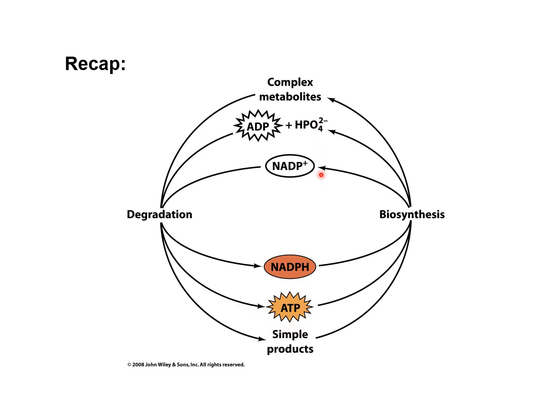The other half of metabolism is anabolism, which is biosynthesis from simple products to build more complex substances or metabolites. In this case, the cells use the energy from ATP, so ATP converts back to ADP, and it requires electrons to reduce these simple products. Coenzymes like NADPH or NADH provide the electrons needed for the reduction.